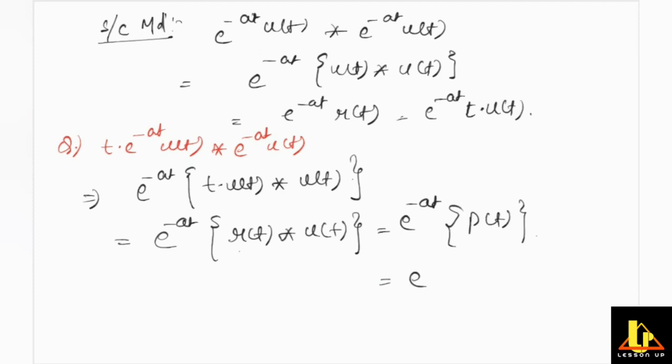So this will be, in terms of unit step, t square by 2 e to power minus at u of t.